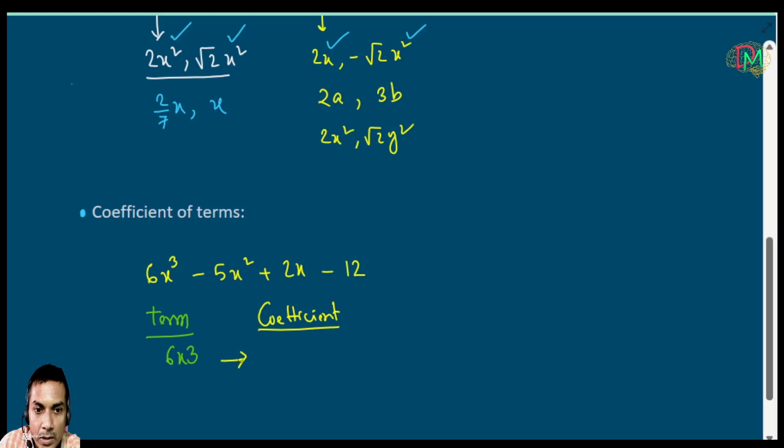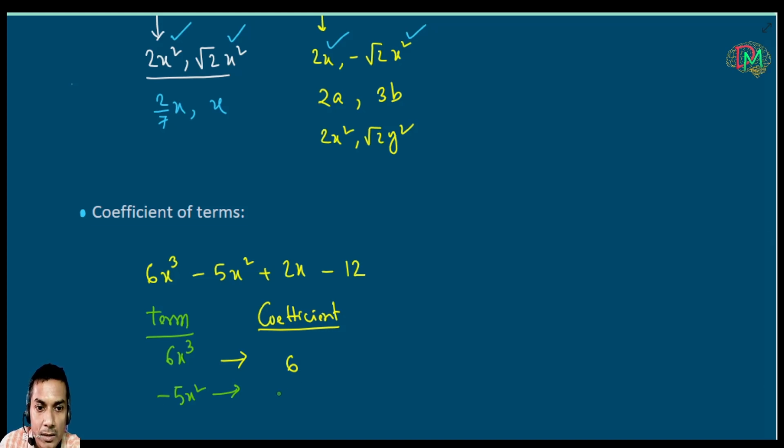For the term 6x cube, the coefficient is actually the 6. And again the coefficient of the term minus 5x square is actually minus 5. And the coefficient of the term 2x is actually the 2. Clear?